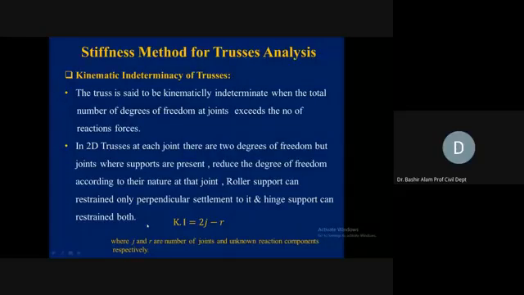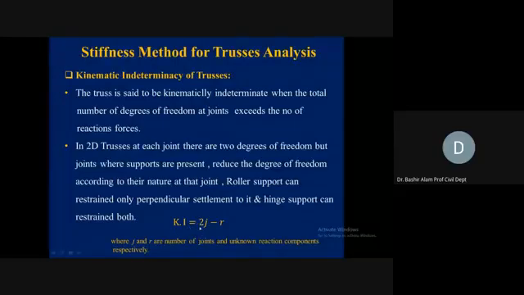If it is a roller perpendicular to the plane on which it is resting, it can offer resistance, meaning displacement in that particular direction will be 0, but in the other direction it will allow movement. So for 2D trusses, kinematic indeterminacy is equal to twice the number of joints, where this 2 comes from the 2 displacements per joint, minus the number of reactions.